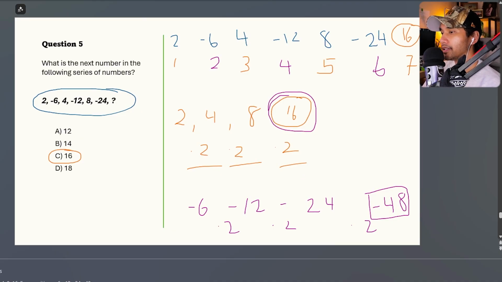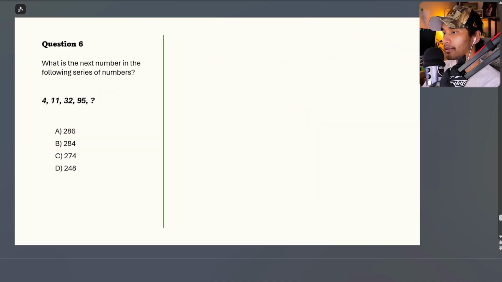Okay. Moving on. Now we got a little bit of difficulty here. We have one where we have a mixed rule. Okay. So 4, 11, 32, 95. It's not obvious. The pattern is not obvious.